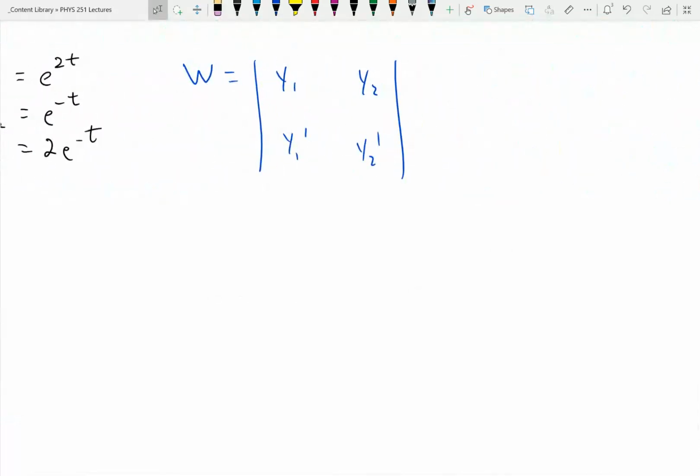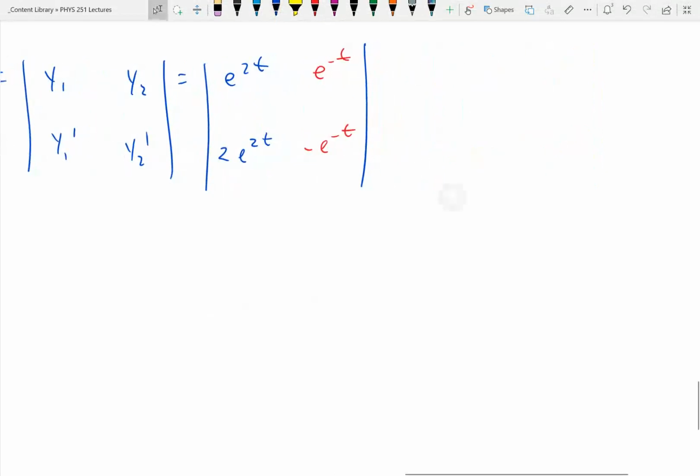So if I calculate this, that's going to be e to the 2t, 2e to the 2t. That's y1 and y1 prime, e to the minus t, minus e to the minus t. That's y2 and y2 prime. And so following our, since it's a 2 by 2, we just do this minus that.